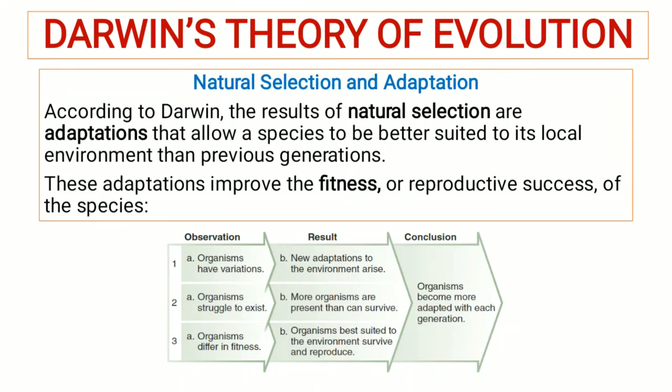These variations enable the organisms that exhibit them to adapt to the environment, and the well-suited and well-adapted individuals are capable of reproducing more than other individuals. So nature selects those organisms that are well suited and well adapted to that environment. With the passage of time and with each generation, organisms become more and more adapted to the environment.